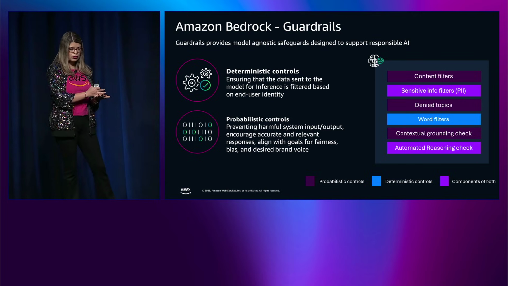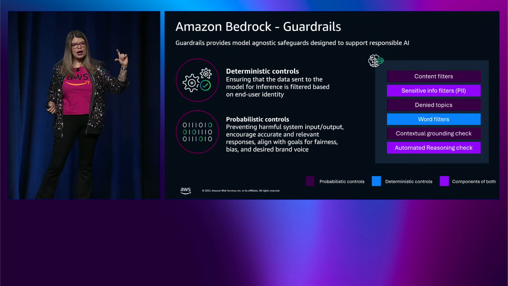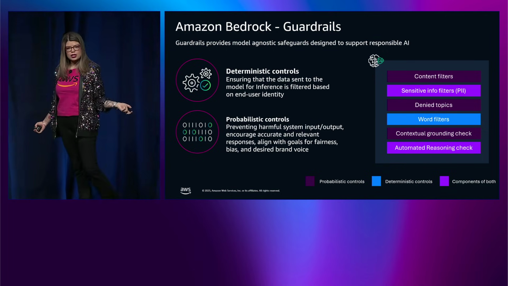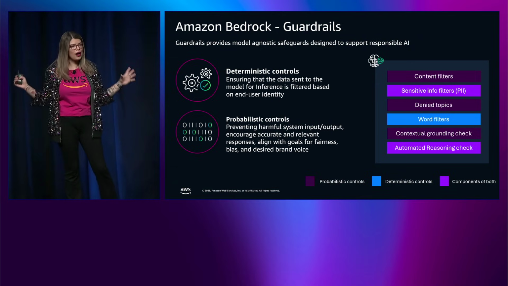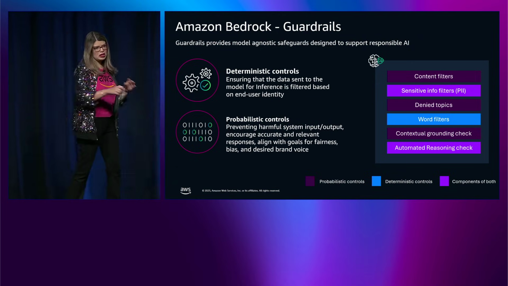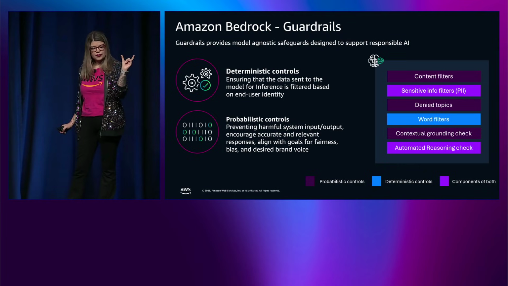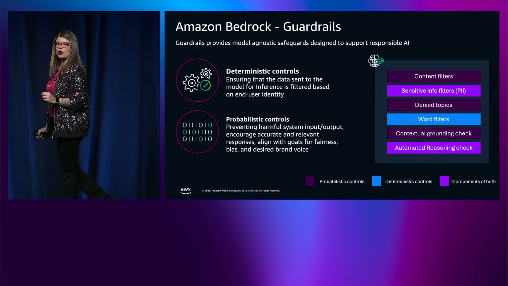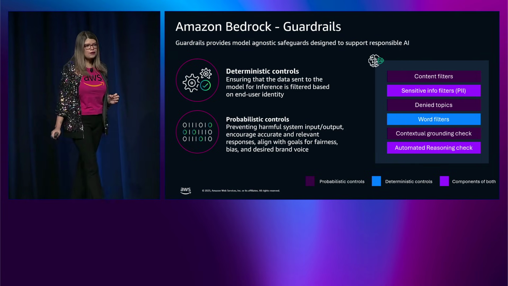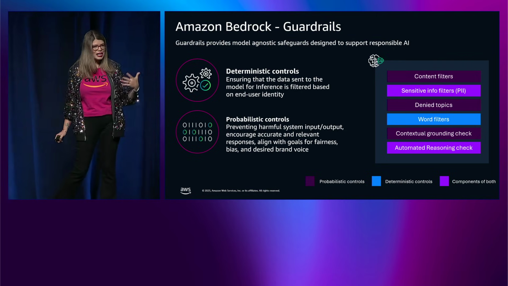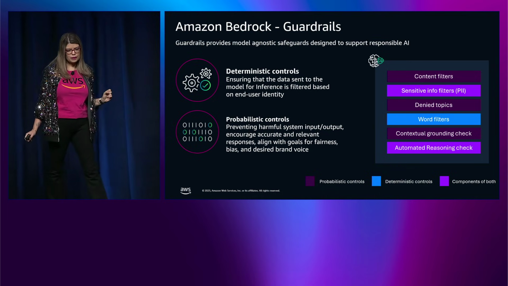We can block the solicitation, so the customer will receive a standard message saying, I'm a banking assistant and I'm here to help you. And nothing more. Or we can mask this kind of data. So there are already a few categories that are ready to use for US documents and UK, but if you're part of another community, another country like me, you can also customize this using regex patterns, okay?